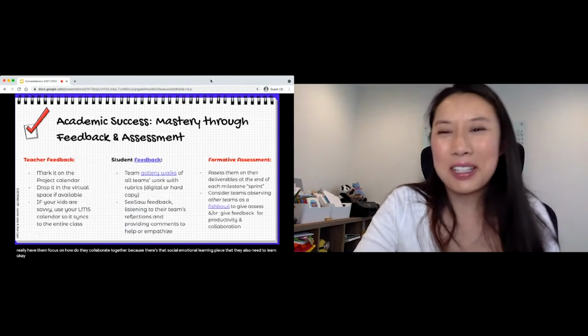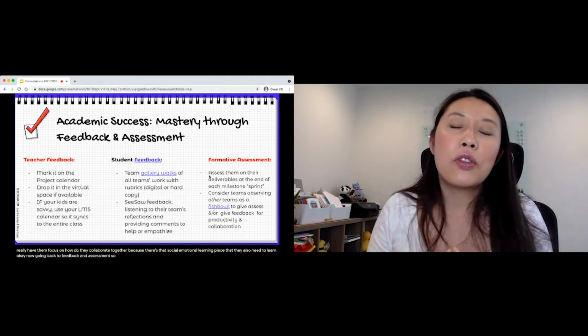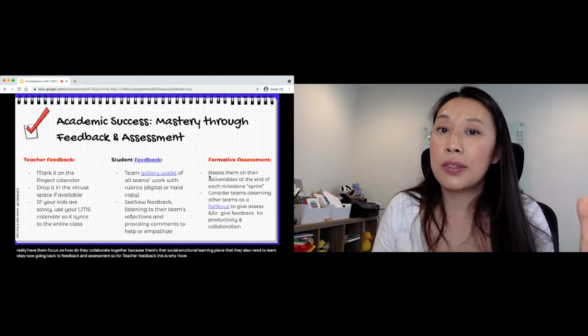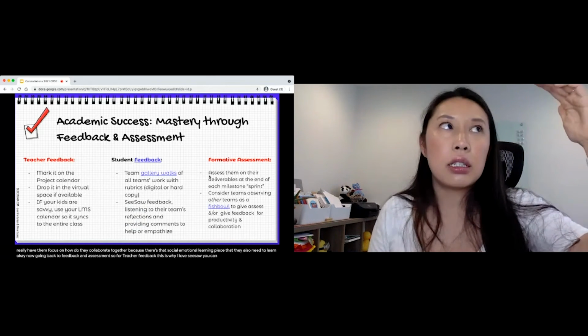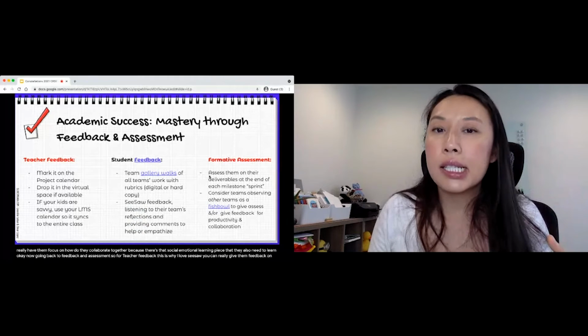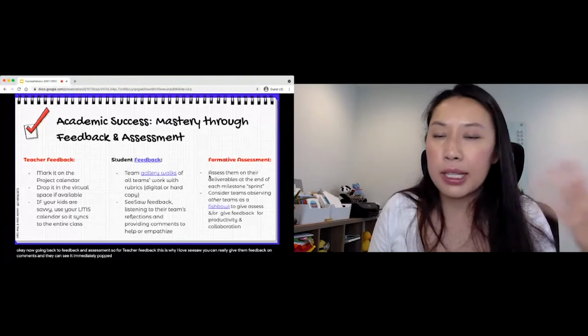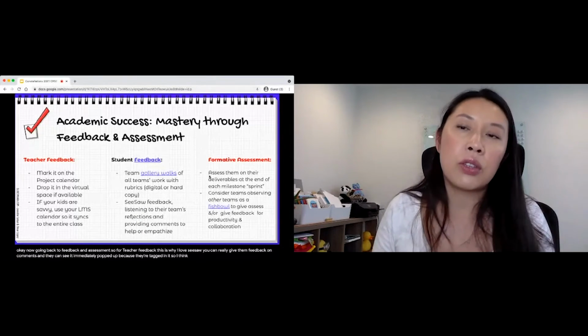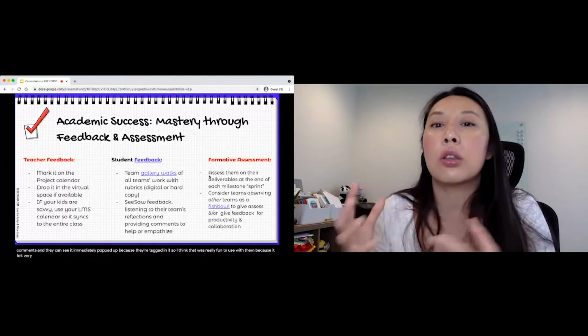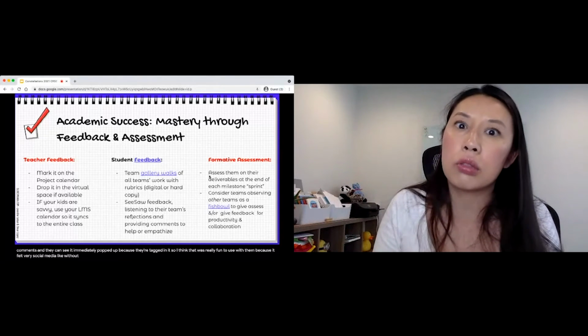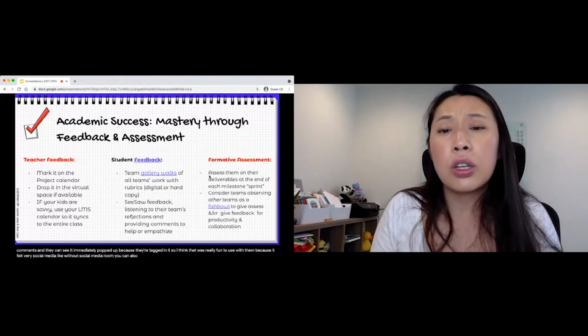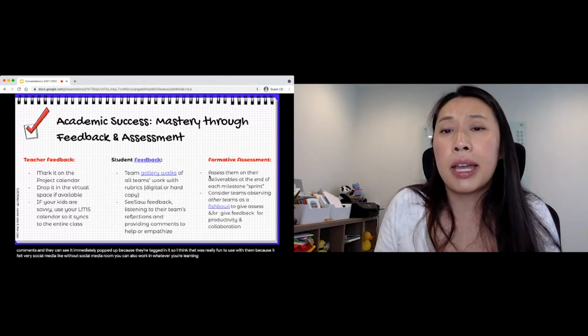Okay, now going back to feedback and assessment. For teacher feedback, this is why I love Seesaw. You can really give them feedback on comments, and they can see it immediately pop up because they're tagged in it. I think that was really fun to use with them, because it felt very social media-like without social media. You can also work in whatever your learning management system is.